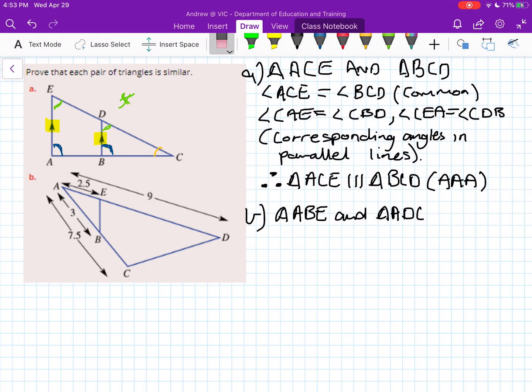So first, let's break down what we know. Out of both of our triangles here, ABE and ADC, they share the common angle of A. So we can write that down.